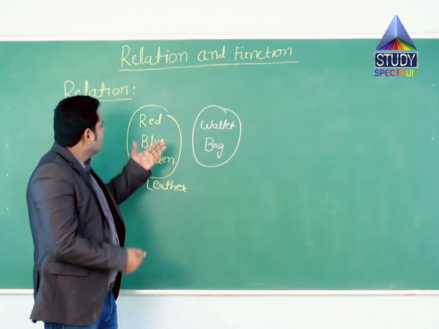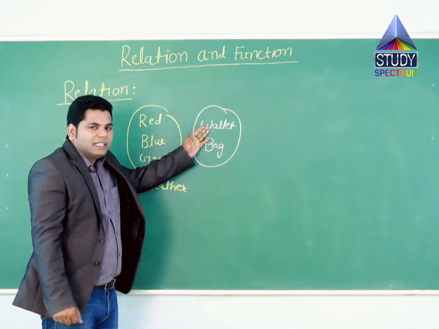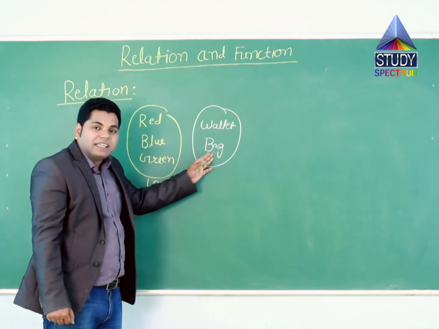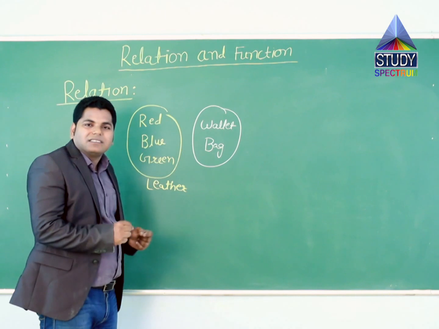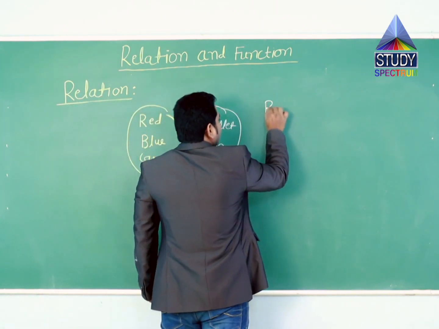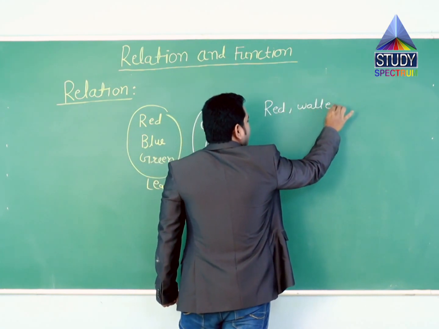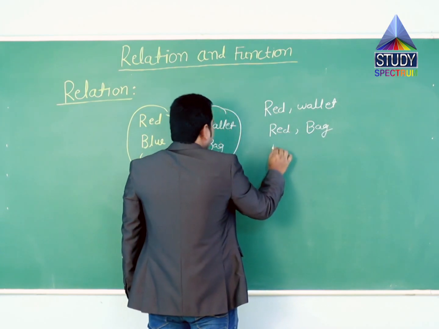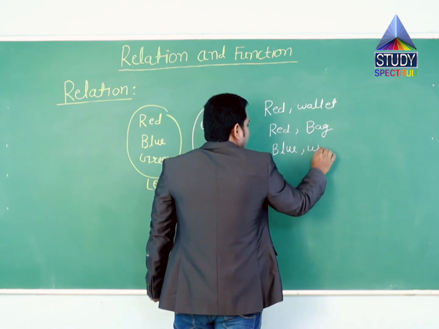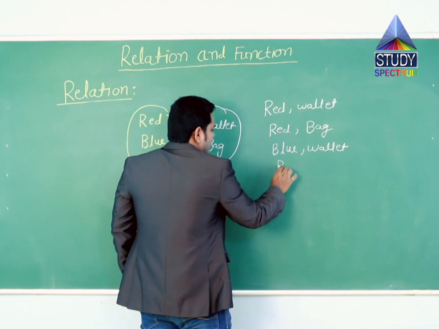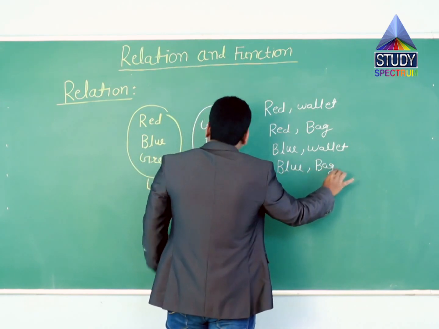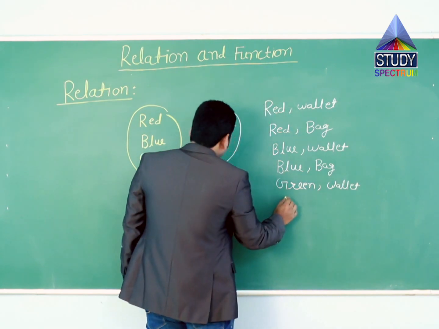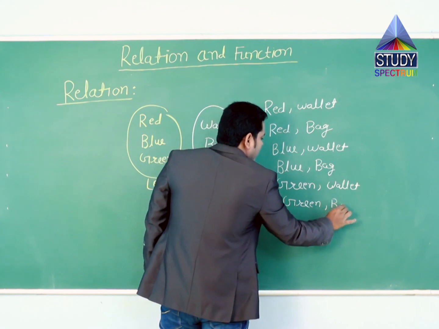Now you tell me how many things or objects you can form out of this given situation. You can make a red wallet, a blue wallet, a green wallet, a red bag, a blue bag, a green bag. You can make six things: red wallet, red bag, blue wallet, blue bag, green wallet, or green bag.